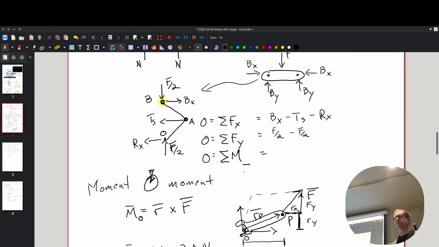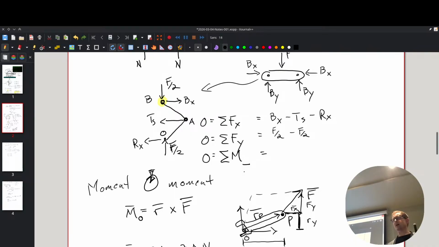Where do you want to take moment around? I like O at the bottom, A is on the right, B is at the top. Where do you want to go? I did A, and then O. Changing the location is not going to give you a different equation.